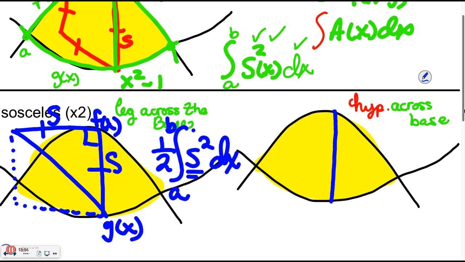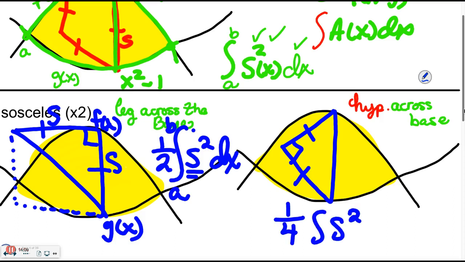Then what we have over here is the hypotenuse is across the base, and we've got the sides coming like this. So when the hypotenuse is across the base, we actually end up with a 1/4, and I could derive it for you, but I did that last year.